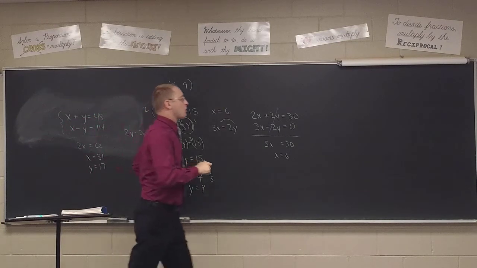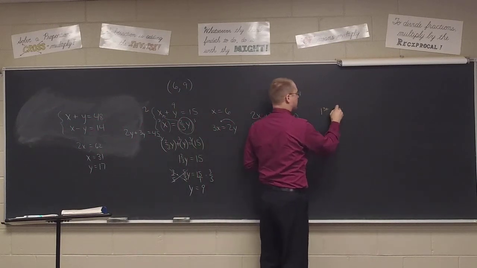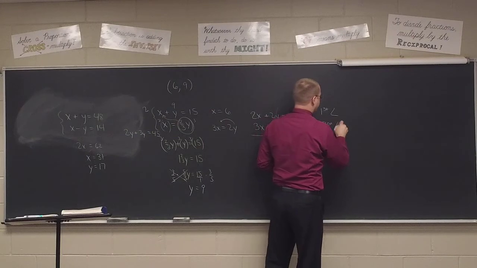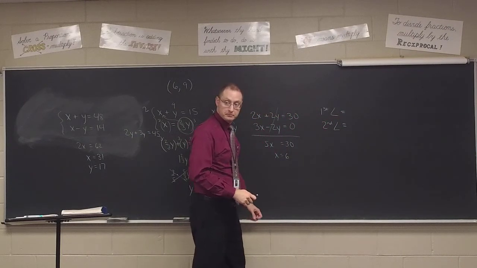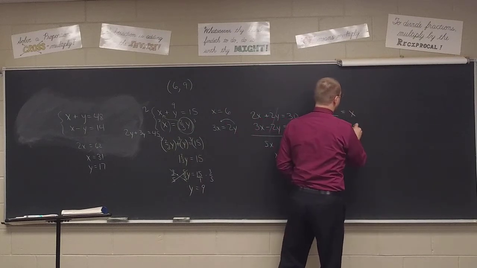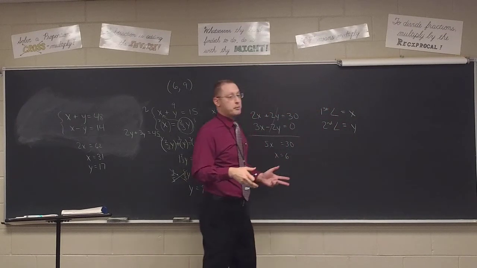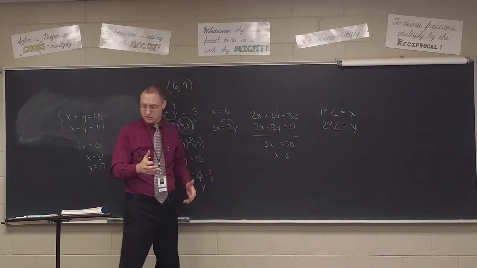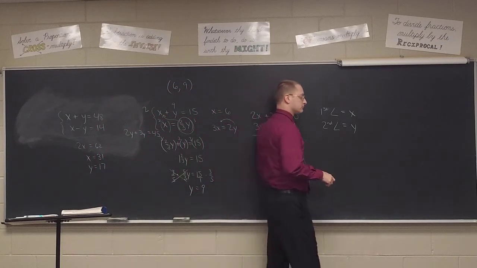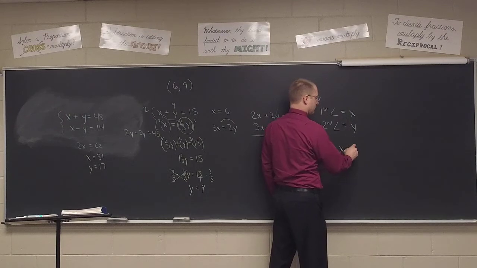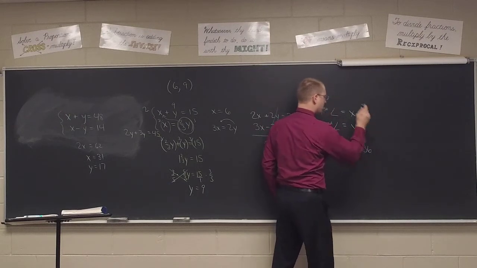Okay, and so we've got 2 unknowns. We have our first angle and we have our second angle. And anytime there's 2 unknowns, Brecken, we should represent them, x and y. And right up front, it tells us that these 2 complementary angles have a difference of 36 degrees. Good.